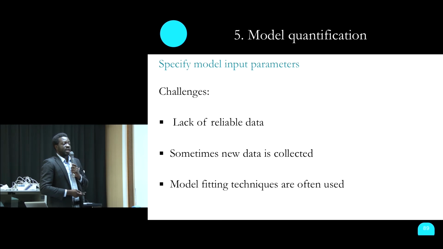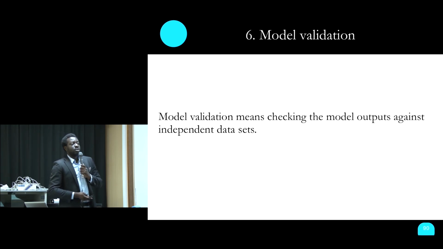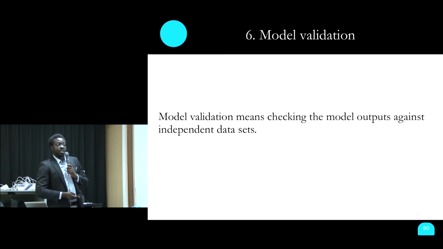So we have a lot of challenges. We have a lack of reliable data. Sometimes it's really hard to find reliable data. Sometimes you need to collect new data when you do the modeling. And sometimes there are very sophisticated techniques for estimating some mathematical models. Then we have model validation.